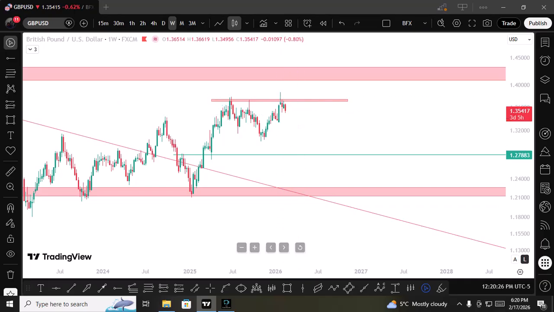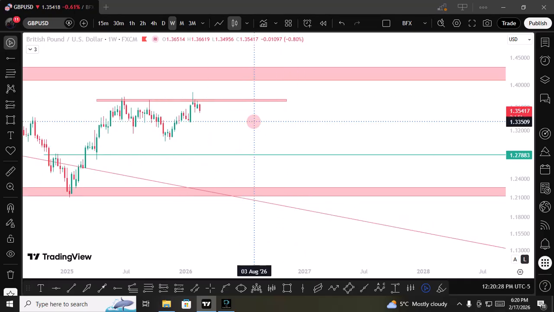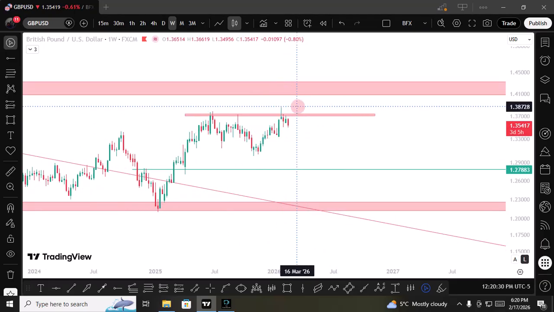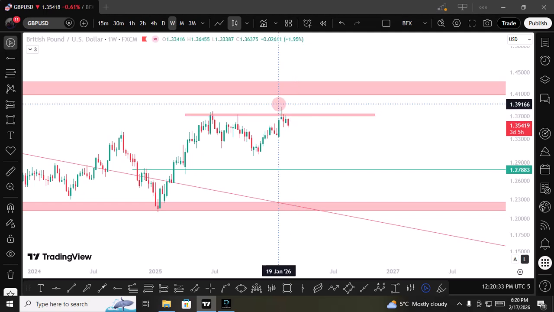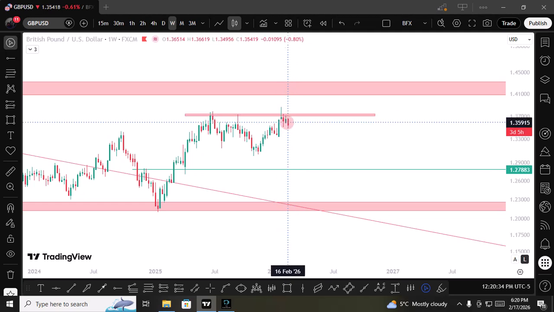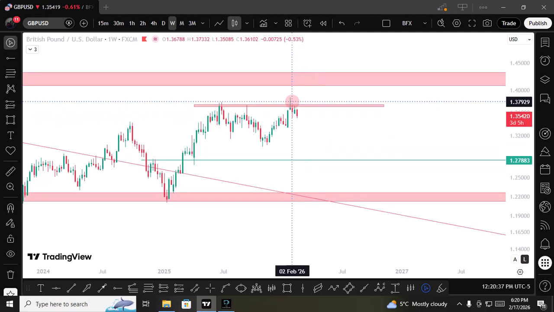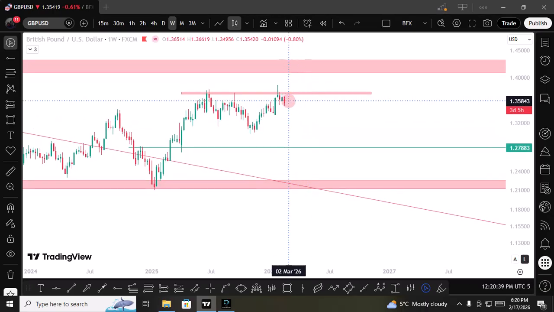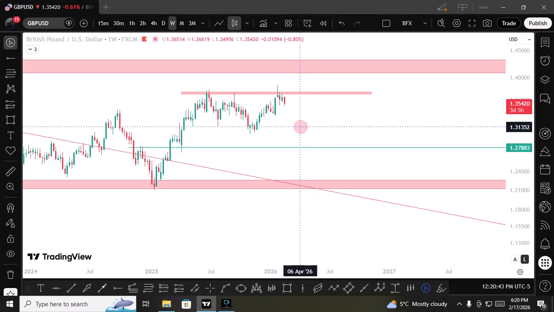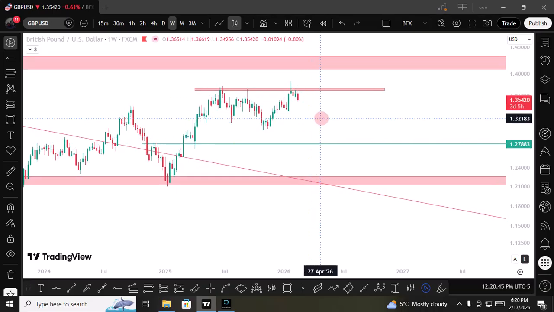So you can see this weekly rejection, price failed to close above this area, and since that time you can see the candles printing here. So sellers are trying to get momentum to push this price to the downside.